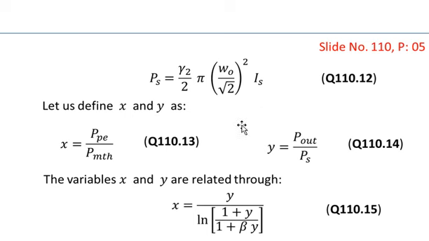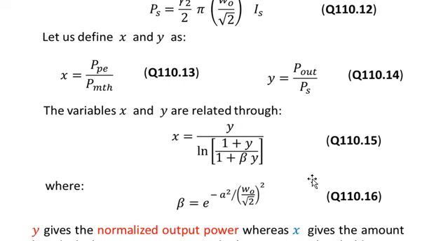Now, to do our further calculations, we are defining two variables, x and y. X is equal to the ratio of two powers, where the numerator is the electrical power to the pump, and the denominator is P M threshold, the minimum threshold value obtained from the pump.